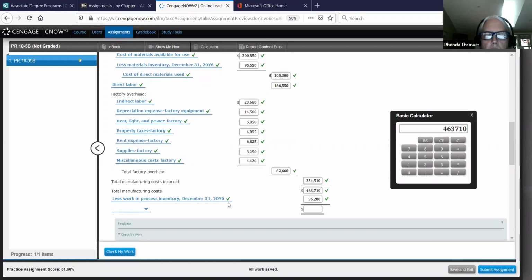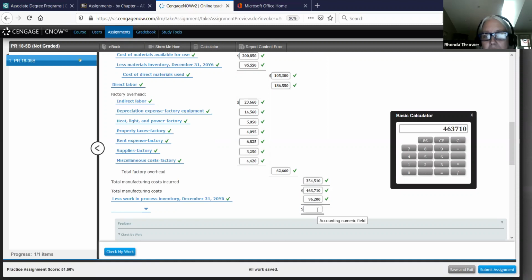And now you're going to subtract out the work in process ending inventory. And if you think about this, it'll make sense to you. The cost that you actually incurred during this period is direct materials used, direct labor, and factory overhead. Then we had to add in the beginning inventory that came from last period's costs that weren't finished. And then we're going to deduct out our ending work in process.